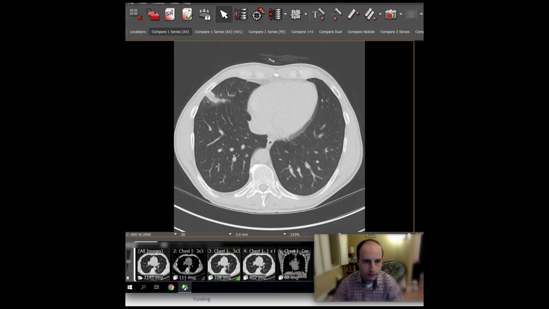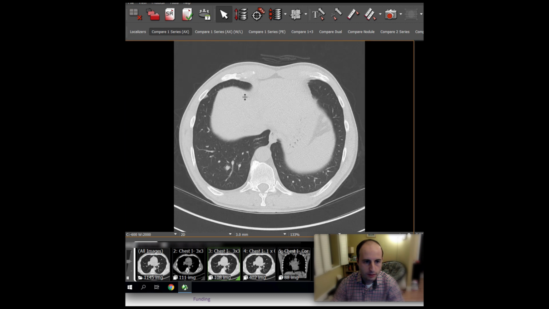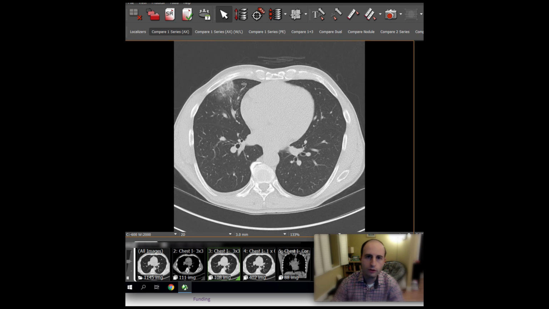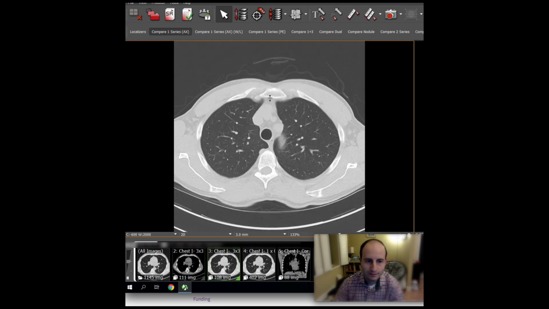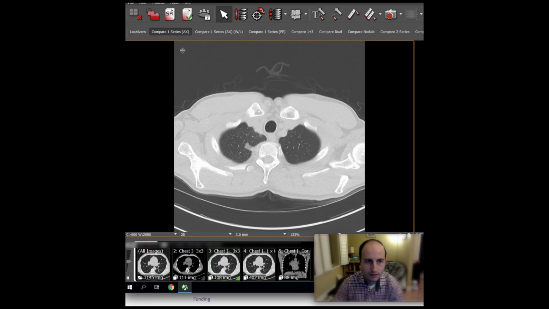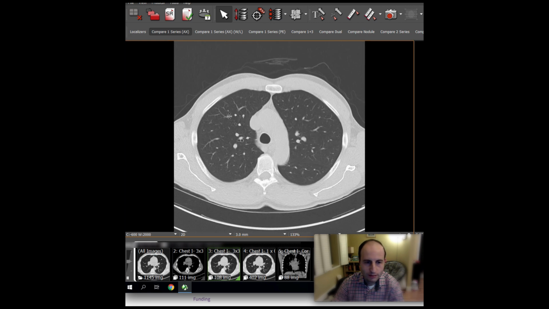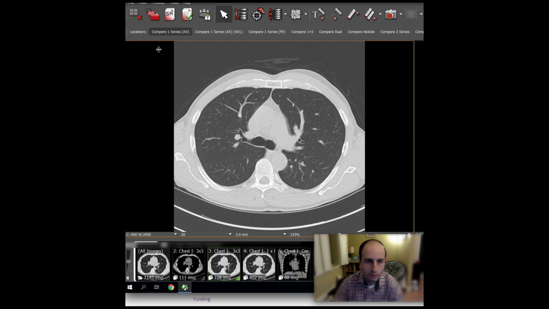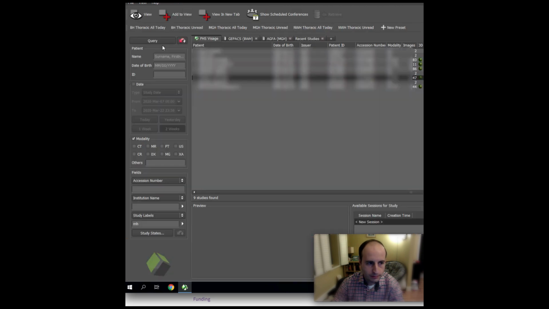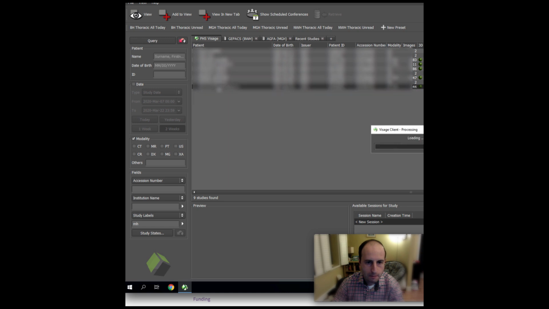Maybe a small area of central clearing in this one. And so these are pulmonary infarcts, not viral pneumonia. The patient later underwent a PE study to prove that. And then I have one more example.